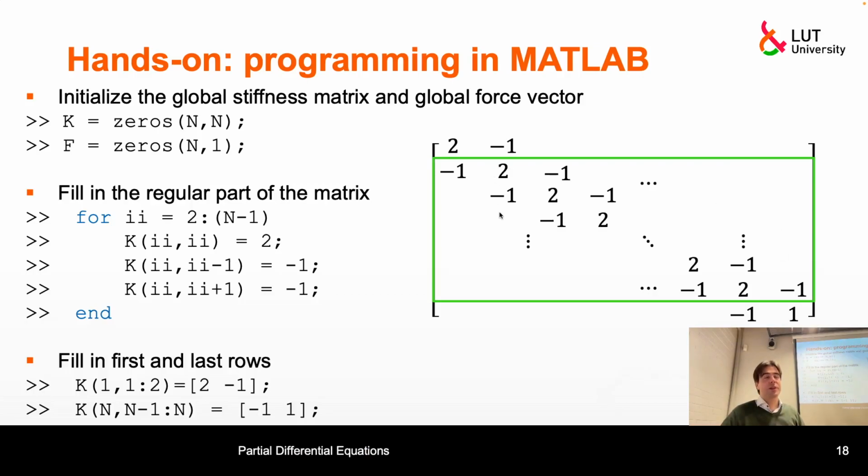Another thing I would like you to notice about this matrix, aside from this band structure, is that it consists of these matrices 1, -1, -1, 1, which overlap on diagonal elements, and those elements add up there.